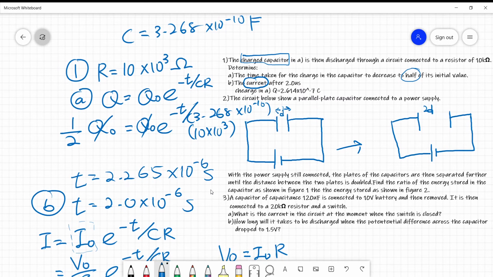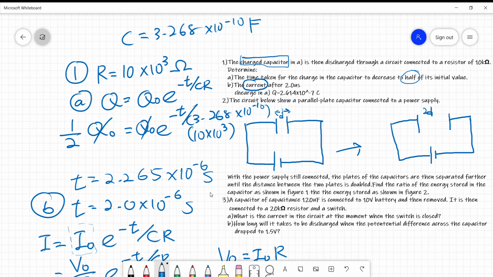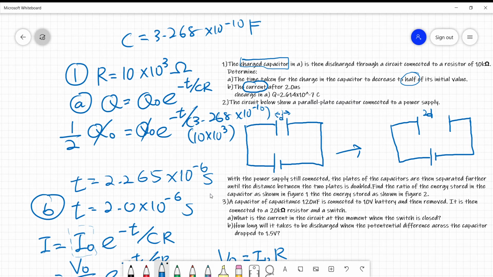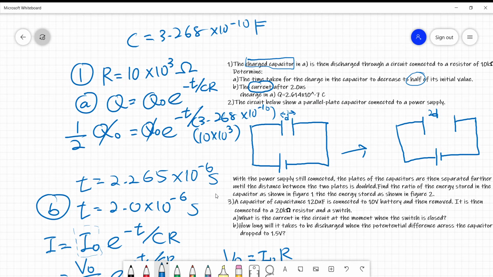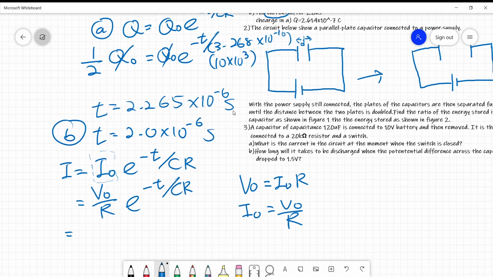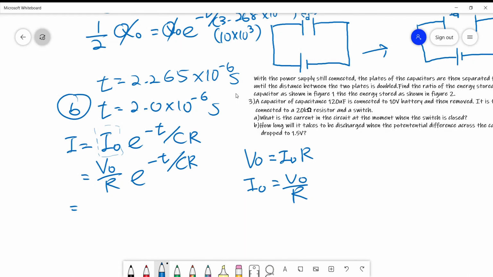Let me just observe for a while. Is it correct? The initial potential difference given by the question is 0.8 times 10 to the power of 3.